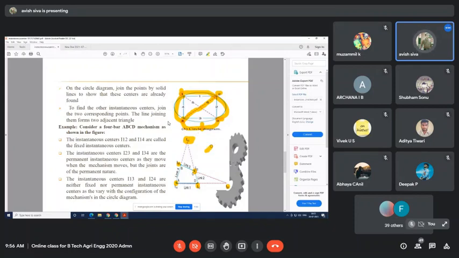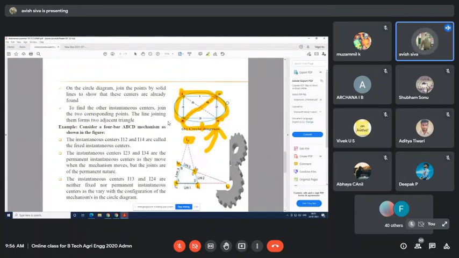A circle diagram is used to find I13 and I24, but whenever you do a problem, you will not draw the circle diagram. There will not be time to locate it. I taught the circle diagram only for understanding the concept.